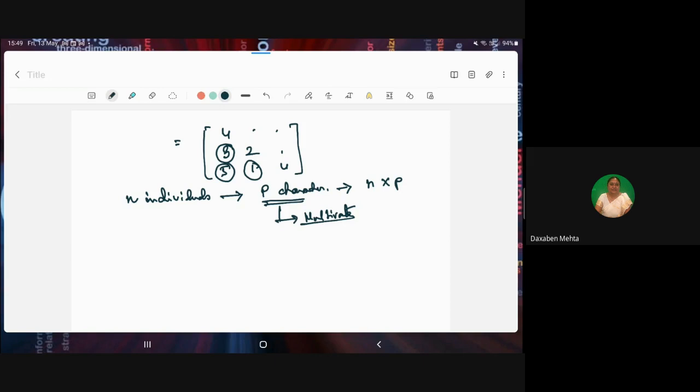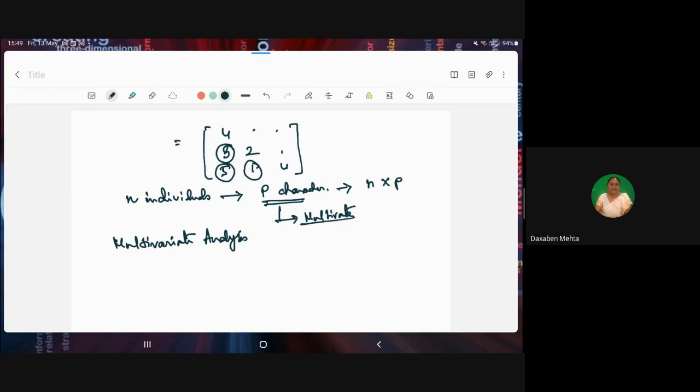So for all types of multivariate analysis, there is the dependence method: one dependent variable, and suppose it is given to you that this is dependent, maybe multiple dependent, then you go to the dependence method.